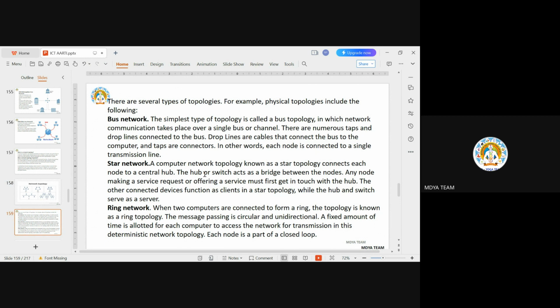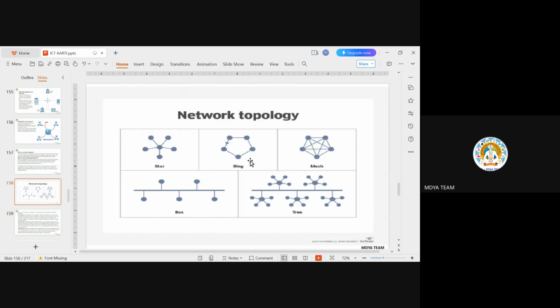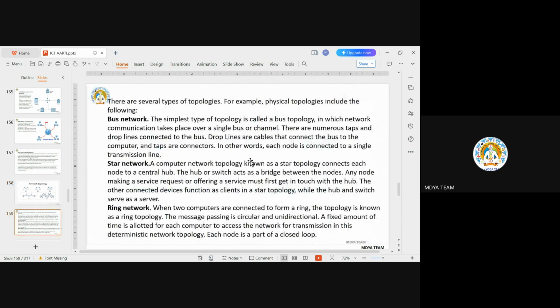Ring network topology. When computers are connected to form a ring, that topology is known as ring topology. This is the picture of the ring topology. You can say that it is in circle form, because the shape of a ring is a circle, so all PCs are connected in a circle.